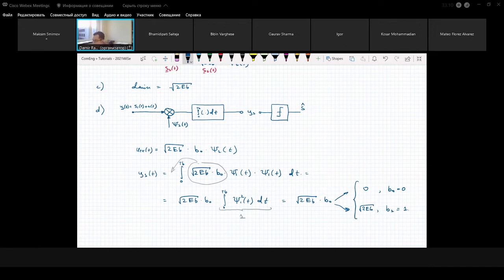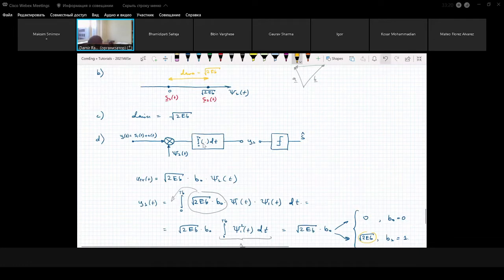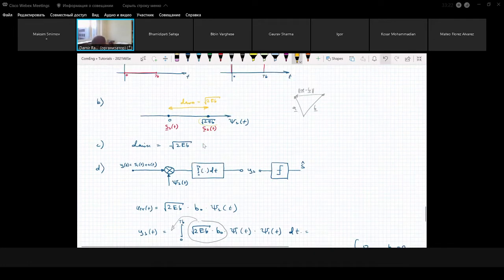Somehow, you could look and say, oh, well, it's the same quantity that we had before, nothing special, it was already given above, already written as 2EB.